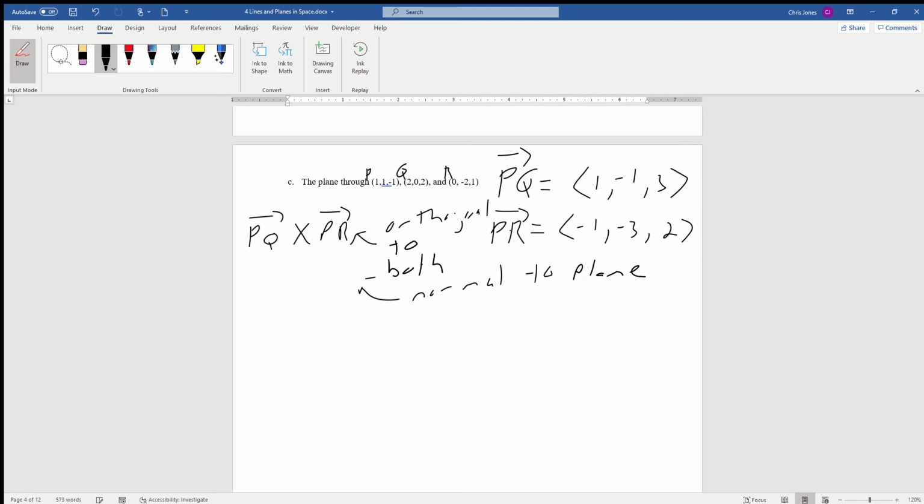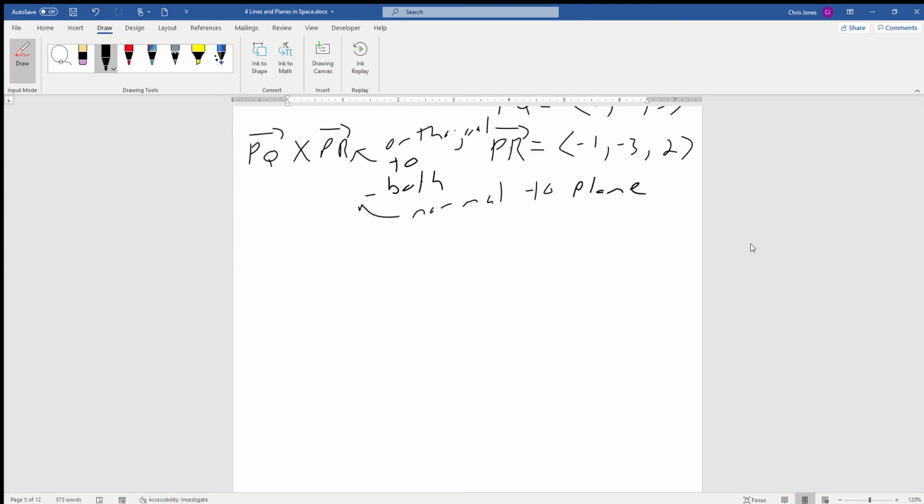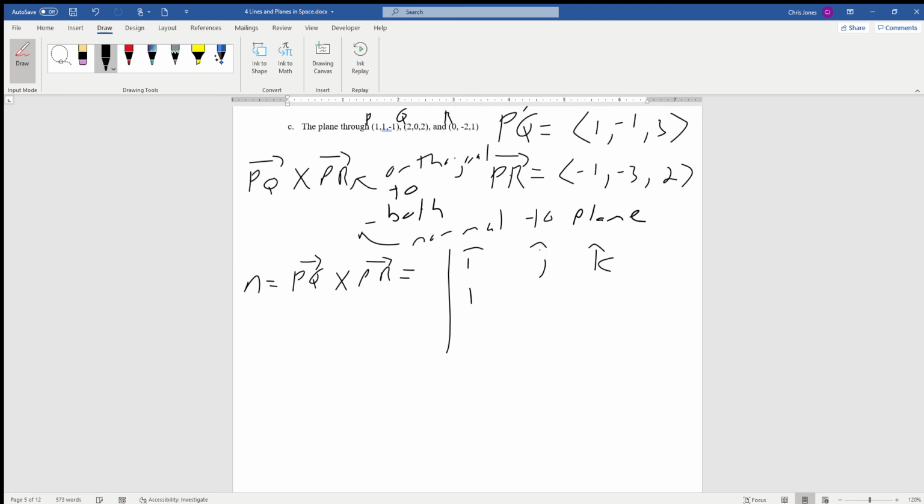And that's going to give us our N, which is going to give us our A, B, and C. All right, so N is going to be equal to PQ cross PR. And remember from our last video that we just use i, j, k. We're going to use the 2 vectors that we just found, which are 1, -1, 3 and -1, -3, 2.